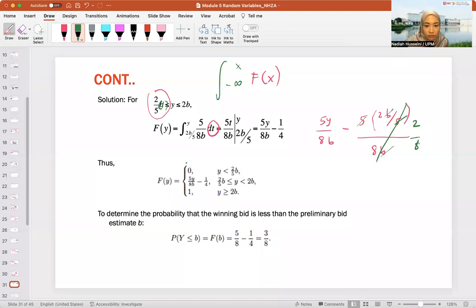It is 0 from here, so we don't want that. So 5y over 8b minus 1 over 4. My y is my variable, so this is what I'm substituting with b. So it becomes 5b over 8b minus 1 over 4. My b cancels out. 5 over 8, this is 2 over 8. 5 minus 2 is 3 over 8. So this is what I get. Okay?